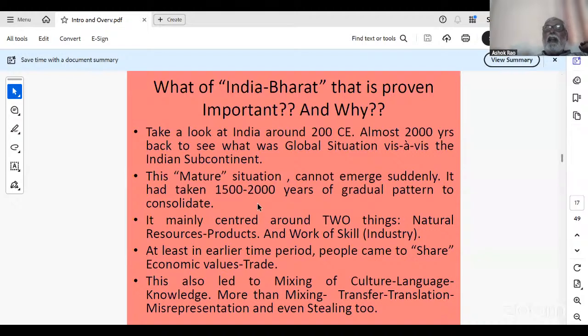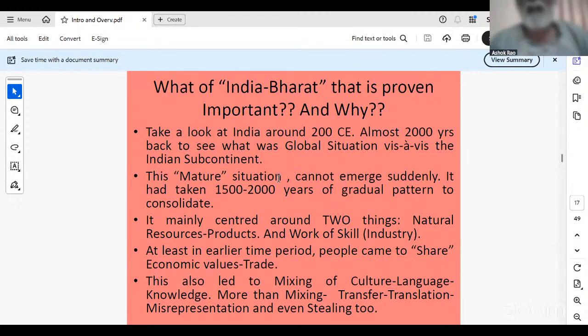So what of India that is proven? Let us take a look at how India was in 200 CE, 200 current era, means 2000 years back. Compare that to the rest of the world. This is a very mature situation. This cannot emerge suddenly.